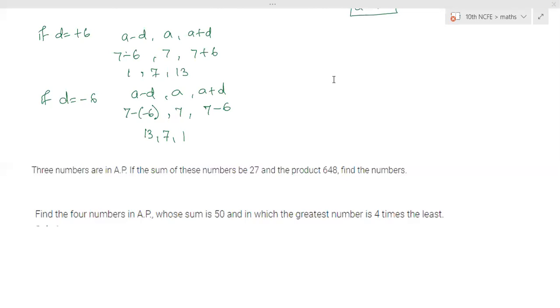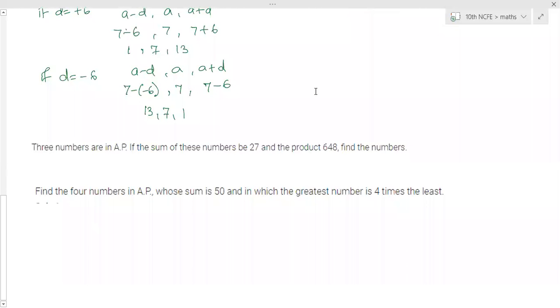Ma'am, can you explain this question? What happened, Tonic, in this question? 4 terms are in AP. So what terms have to be considered? No, just now I told you which terms you have to consider when they are in AP.